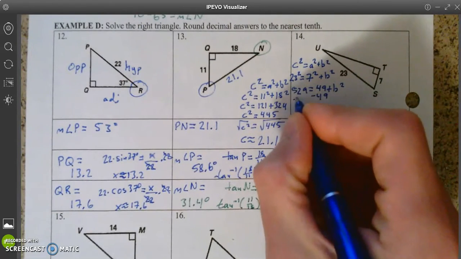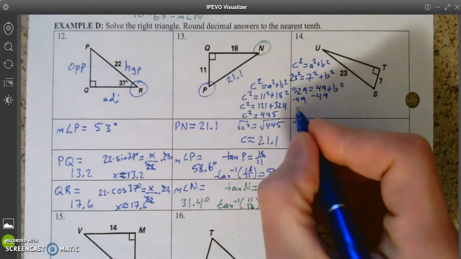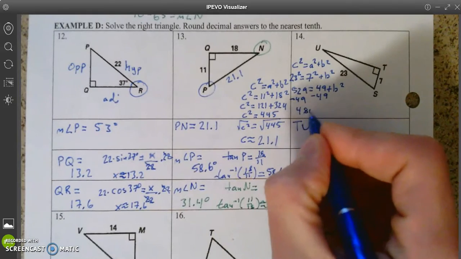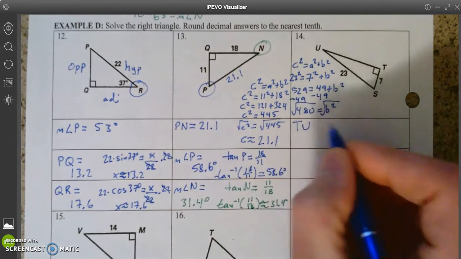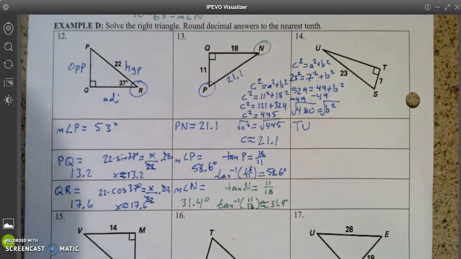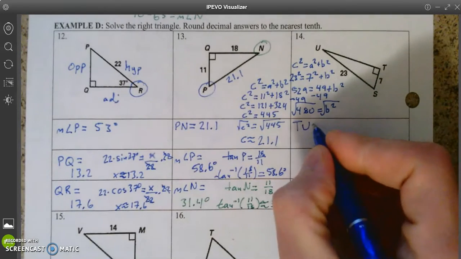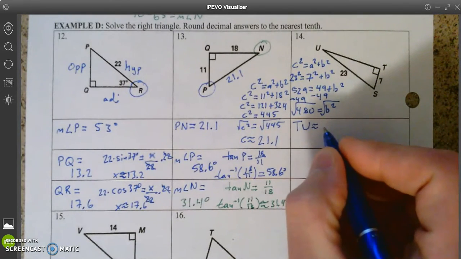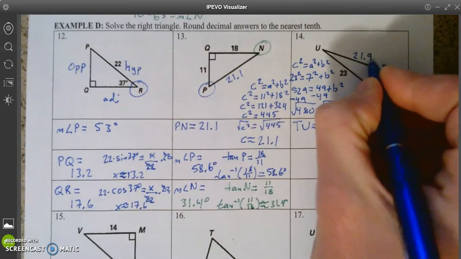Subtract 49 from both sides, and we get 480 equals b squared. Square root both sides. So we get that the length of this side here is approximately 21.9. So that gives us this side here.